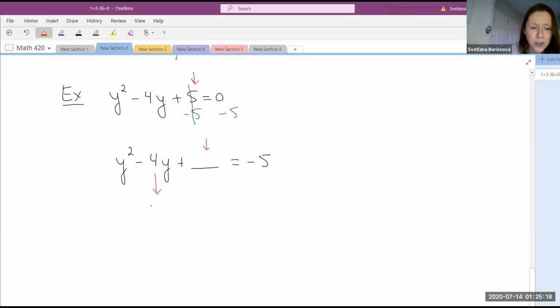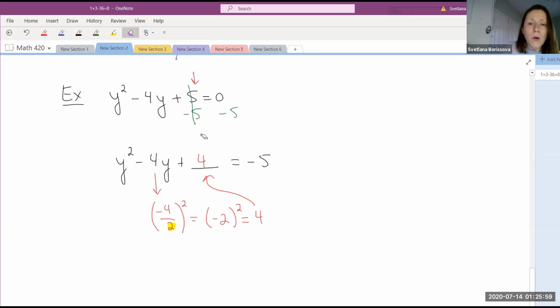So it's taking the middle coefficient, the number in front of x or y, which is negative 4 in this case, dividing it by 2, and then raising that to the second power, because the number at the end that we're trying to insert should be a square of something. So negative 4 divided by 2 gives me negative 2, and once I square that, I get positive 4. That's the number I will be inserting here, so I need to add 4.